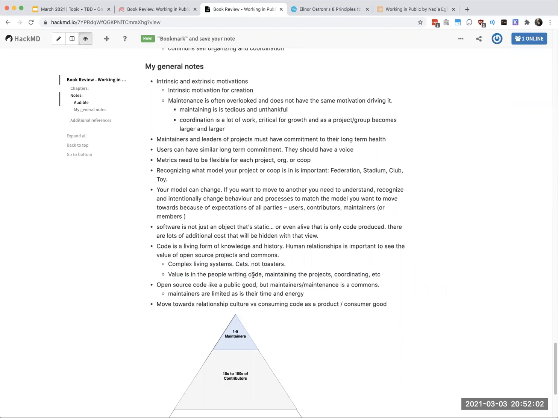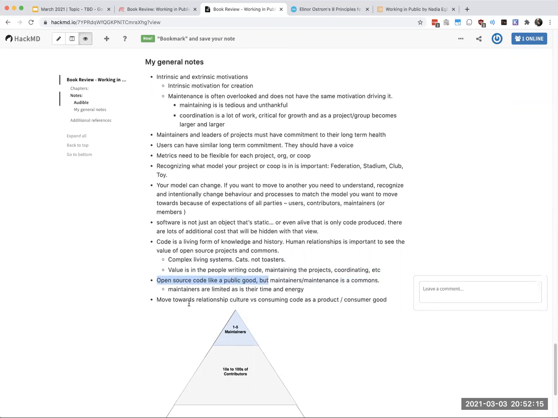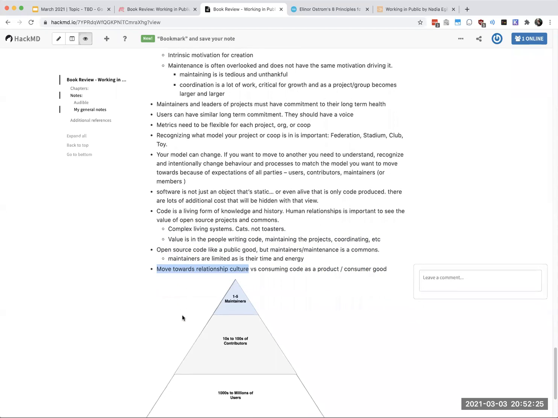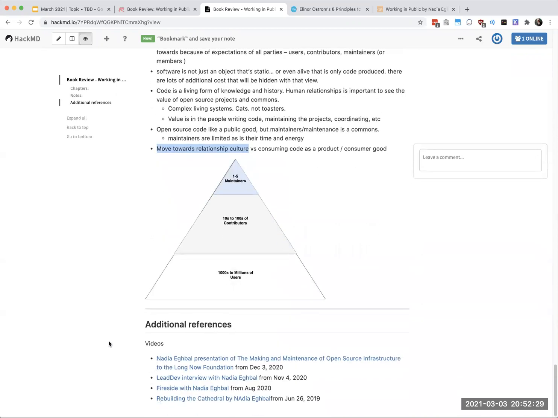The code itself is not the value, specifically in open source. And maybe even the output from a cooperative versus the people engaged in creating it. I think we went over that. Moving towards relationship culture versus consuming code products. So this relationship culture is about value. Those were some key points for me.